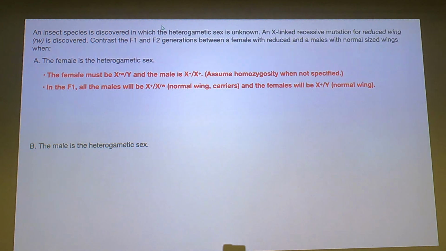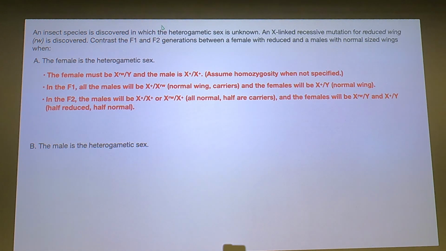All right, so in the F2s, they're going to all inherit X+ from mom, right? Oh, I thought they were going to inherit Y. Oh, you're right. They're all going to inherit the Y. I got that backwards. You got it right. And so half will be X+Y, half will be XRWY. So half will be reduced wing and half will be normal wing.